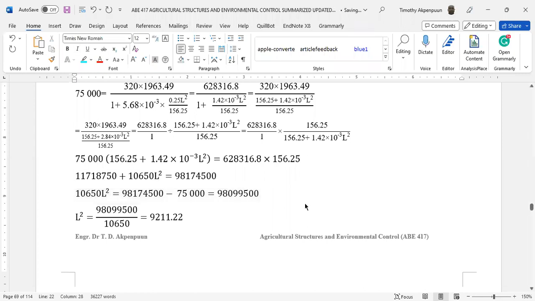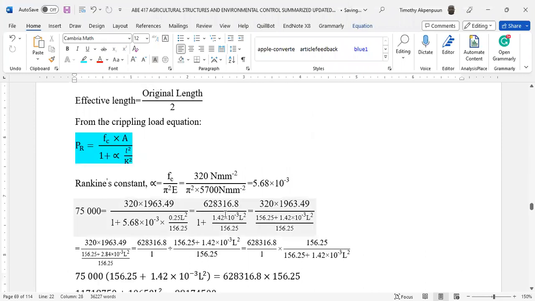Small letter L is equal to maximum length, capital letter L over 2. So it means that our maximum length, the capital letter L, equals 2 times small letter L, which is the effective length.